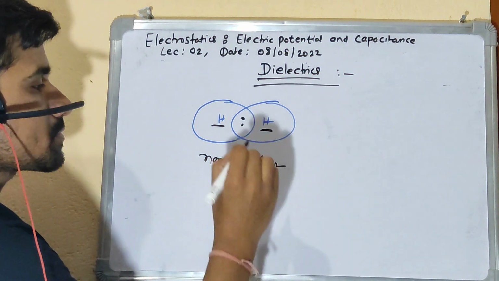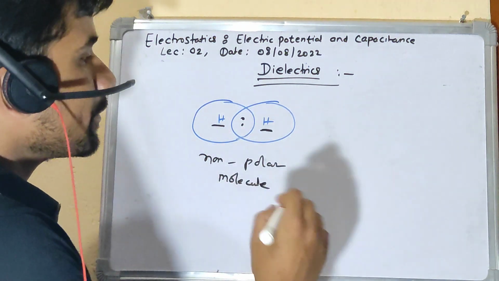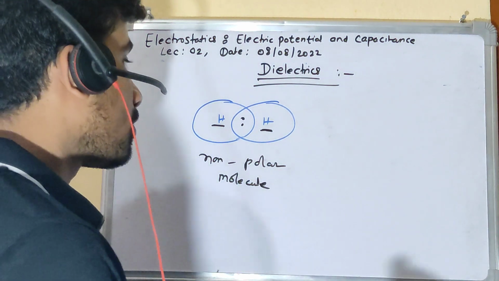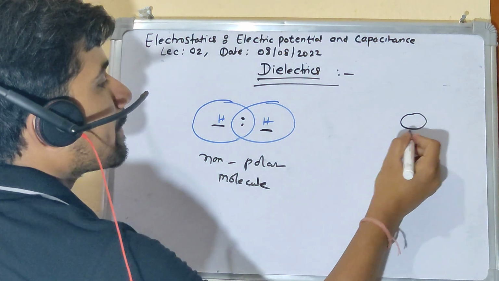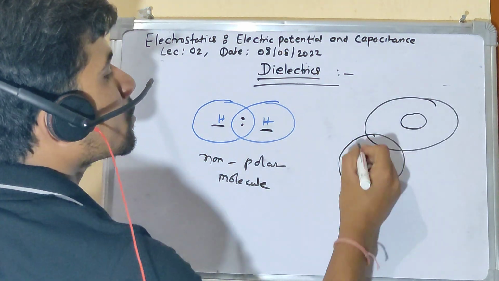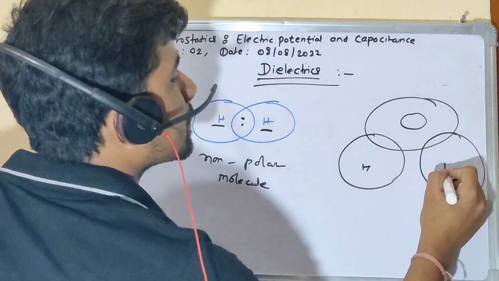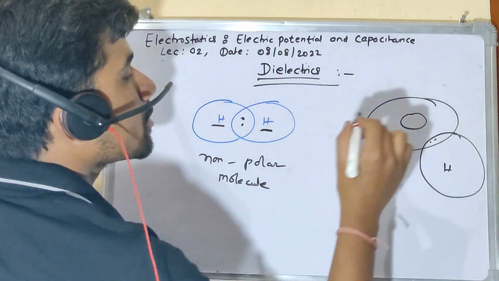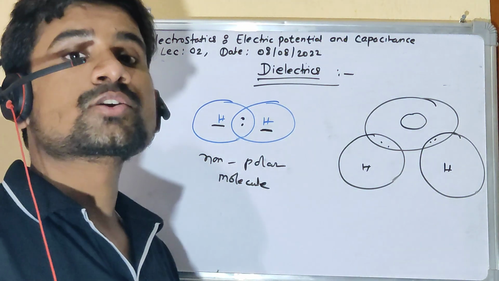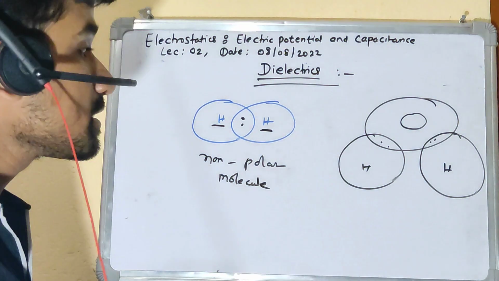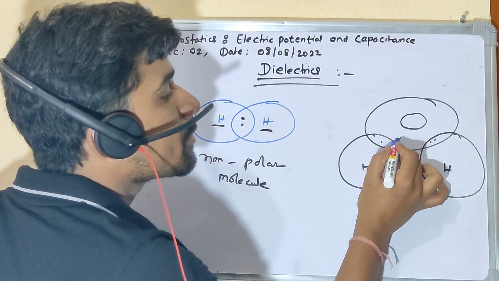But if I talk about a polar molecule, let's say water is a polar molecule. So this is oxygen, and this is hydrogen, and this is again hydrogen. There also you see there is a shared pair of electrons. Now this oxygen, we know, is more electronegative, so it has a tendency to keep the shared pair of electrons towards itself.